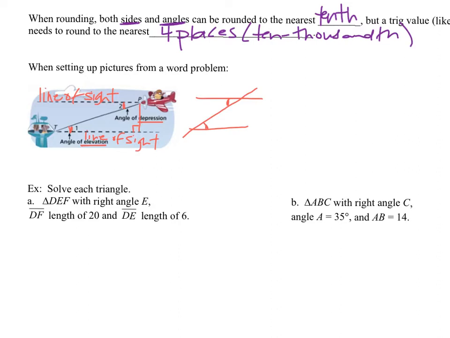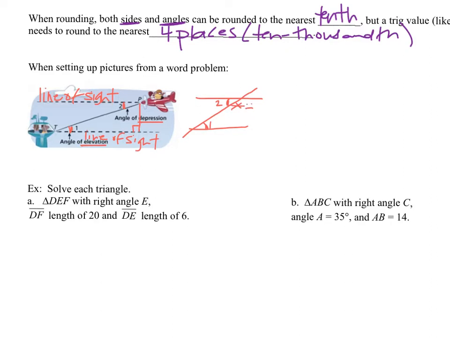So that angle at the top, angle 2, would be the same as angle 1. Therefore, if you know one measure or the other measure, you can plug them in simultaneously in either location. Just recognize that the angle of depression is not on the inside of the triangle.